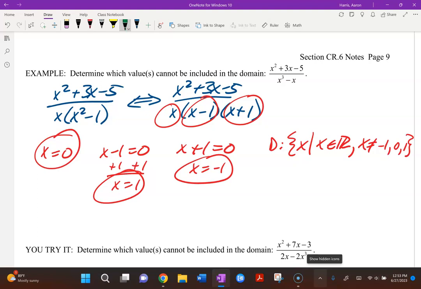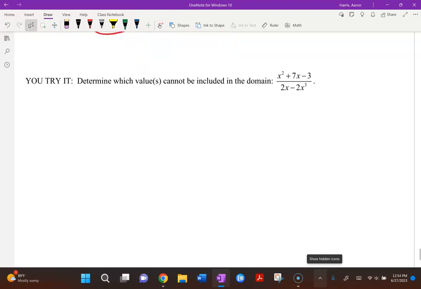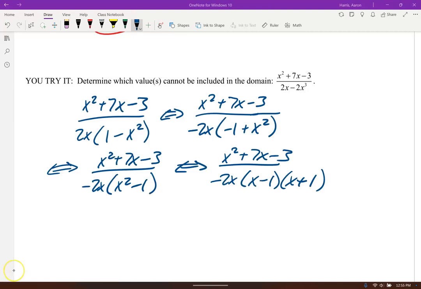Because again, if you throw 0 in, for example, you would have 0 times whatever. We can't divide by 0. Right? I throw a negative 1 in, again, it causes this term to be 0. And so on. So let's take a look at this one. What values can this not be? So notice when I get to the bottom here, it is all in factored form.